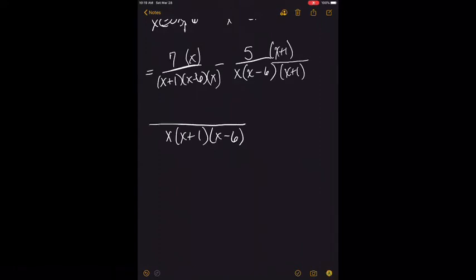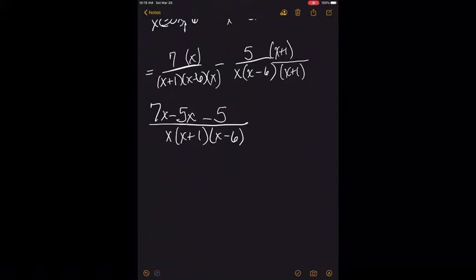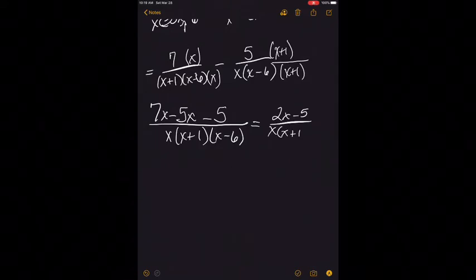So now let's combine 7x minus 5 minus 5. All right, but now I can add my 7x and my 5x and simplify that, and I get 2x minus 5 over x plus 1, x minus 6.